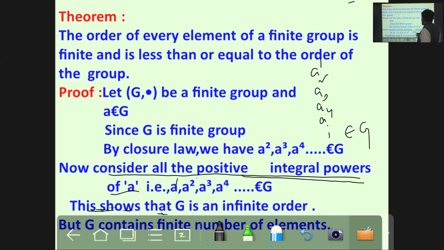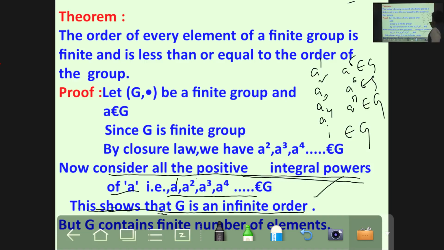These are all positive integral powers of a, and they belong to G. This shows that G is of infinite order, by using only the closure property. a to the power 5 belongs to G, a to the power 6 belongs to G, a to the power 7 belongs to G. Like this, how many elements in G? This shows that G is of infinite order by the closure property.